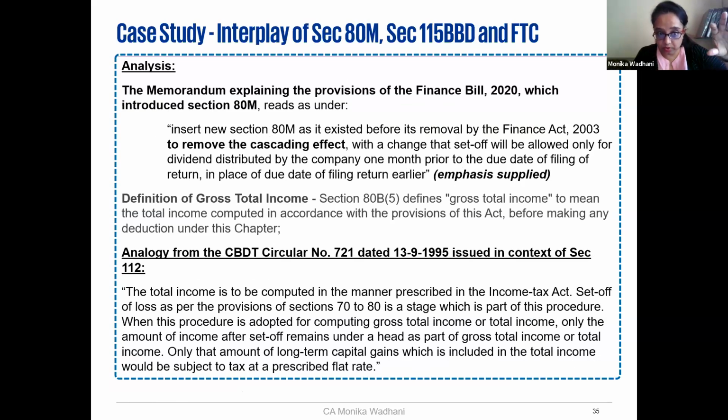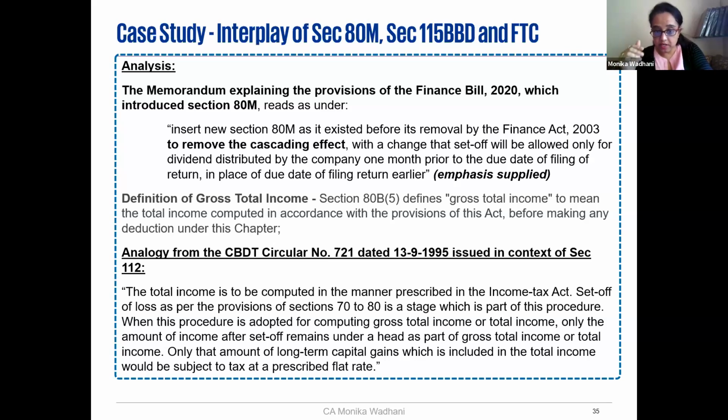And we have some analogy which we can draw from one of the CBDT circulars, Circular 721 of 1995, which was in the context of section 112. So, friends, there are various provisions for special rate of tax, like 112. There is also section 115A, which talks about where you offer special income to tax at a gross rate of tax of say 10% or now 20%.